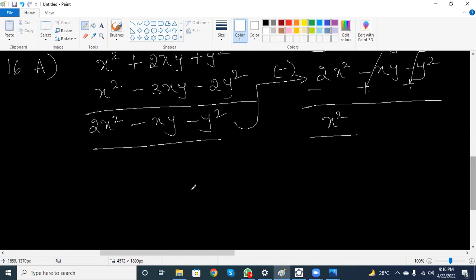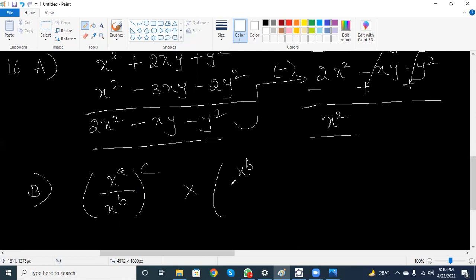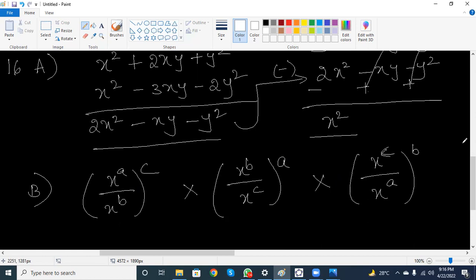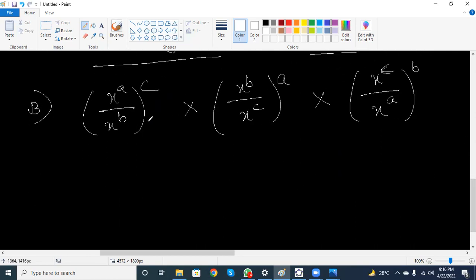Very easy. And B question also easy if we know the exponent laws. So this has to be simplified. We all know the exponent law: a power n whole power n. So one power is there, whole power is there.